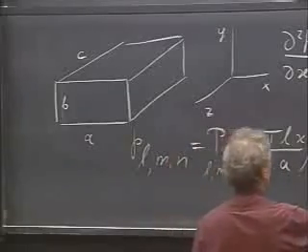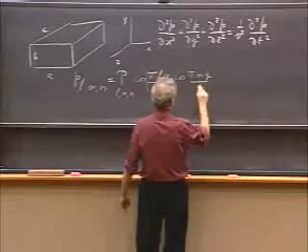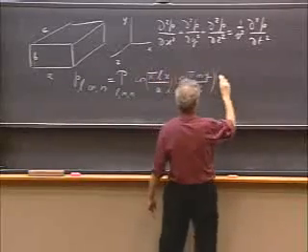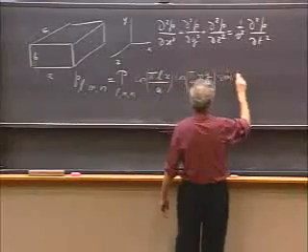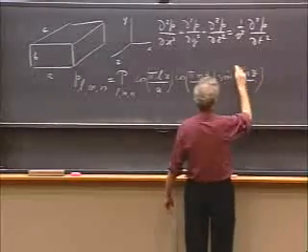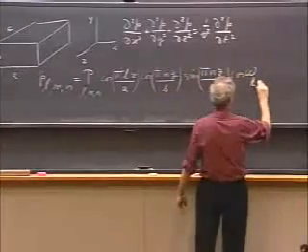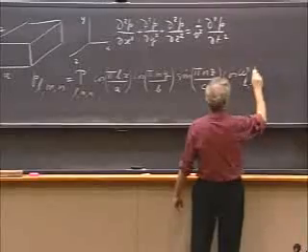And then I get the cosine of pi times Mary times y divided by b. And then I get the sine of pi times Nancy times z divided by c. And then I get the cosine of omega LMN times t.